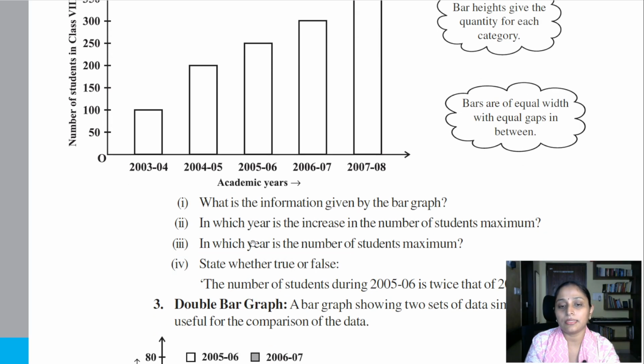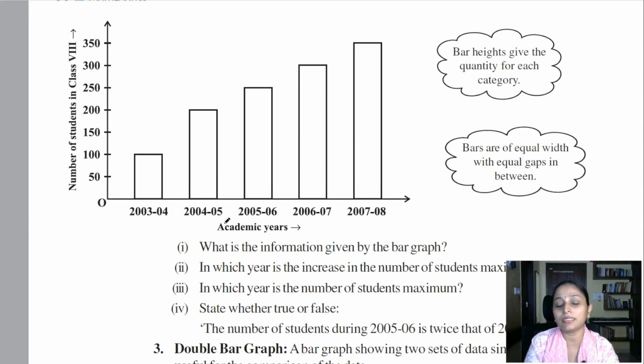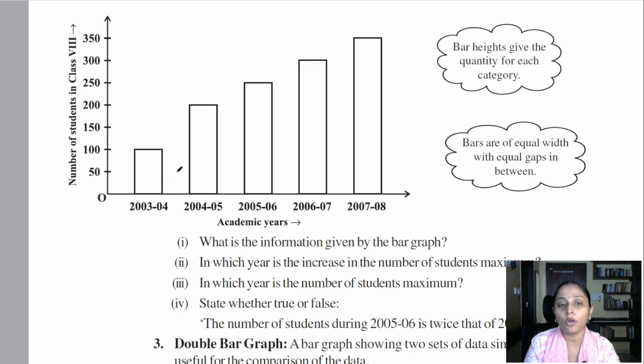So here let's answer these questions quickly. What is the information given by the bar graph? It is the number of students in class 8 in the following academic years, starting from 2003 to 2008. In which year is the increase in the number of students maximum? Now, what is the increase?